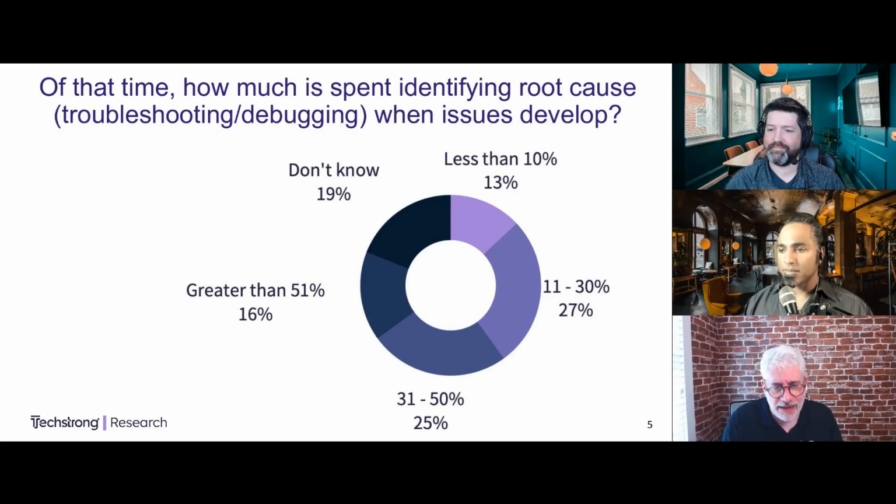When we think about tips folks can take back with them, obviously visibility, organization, instrumentation, a lot of these things prepare us for success. But how do we get more towards the 11 to 30% and the less than 10%, rather than the greater than 51% of what I'm doing just trying to figure out which end is up?